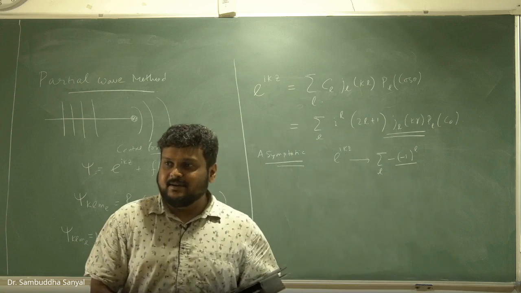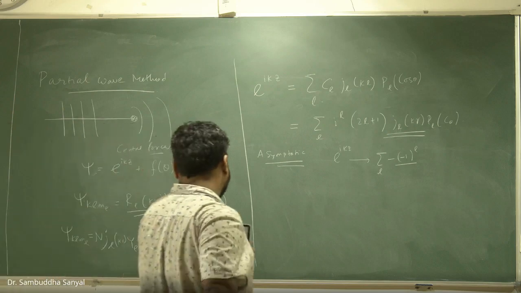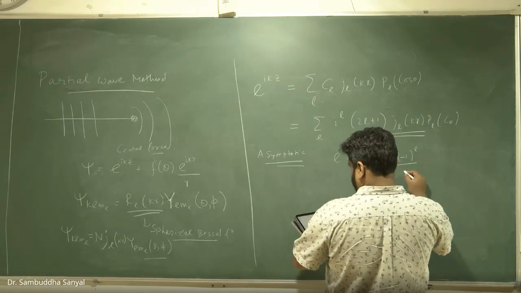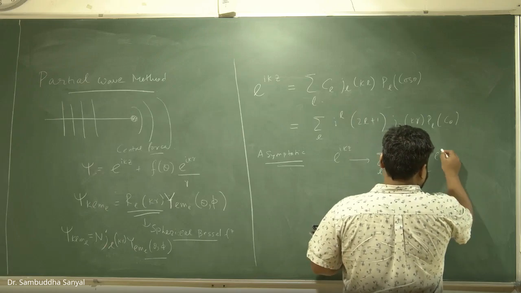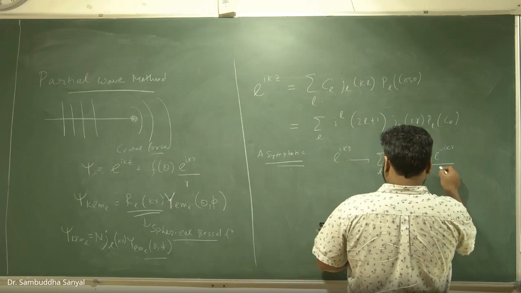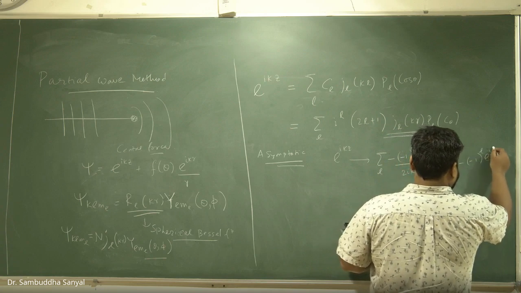Consider it as an assignment. I will try to write it correctly here, but it's written wrongly on my board, not here, after some equations. 2ik, e to the power minus ikr by r, minus 1 to the power L.